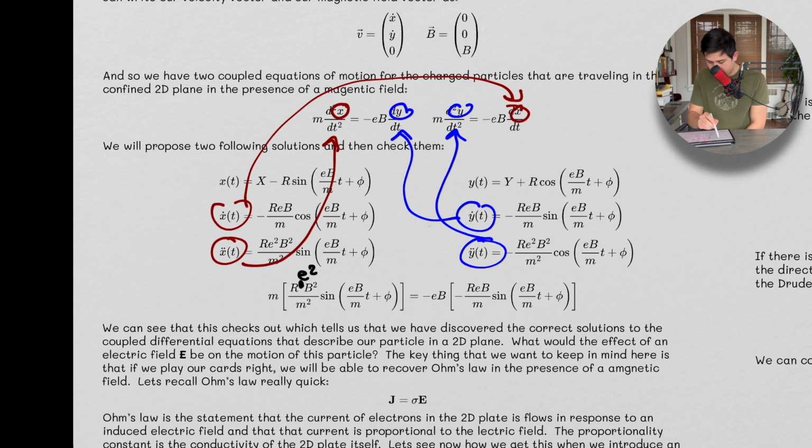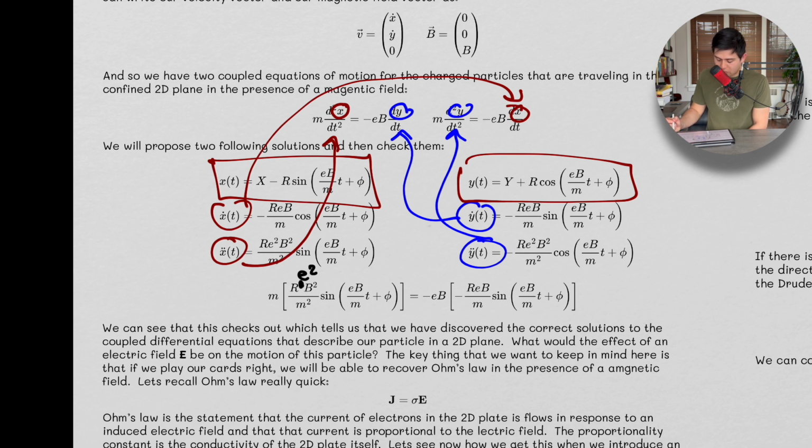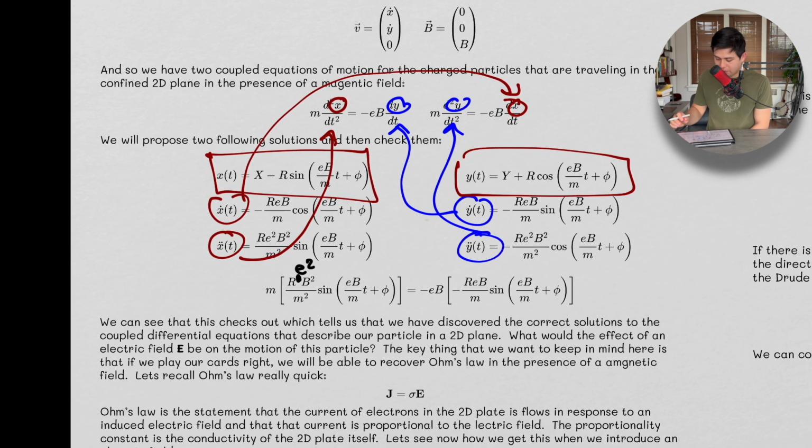These are the equations that tell us the x and y position of our particle traveling in our two-dimensional plane under the influence of an external magnetic field. Here's our external magnetic field again, in the argument of these trig functions.